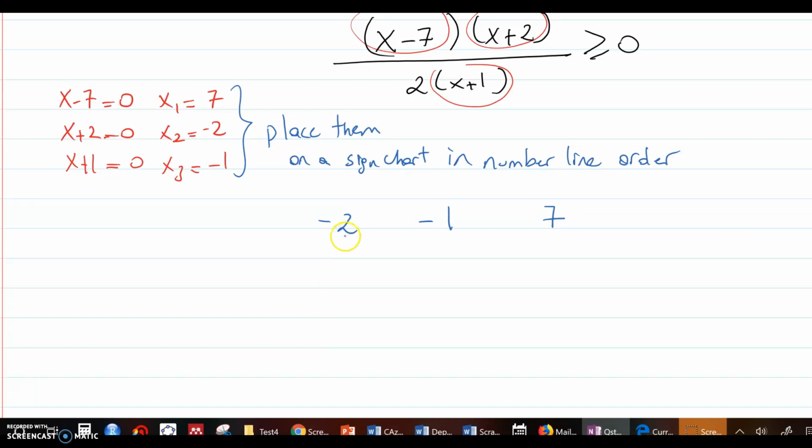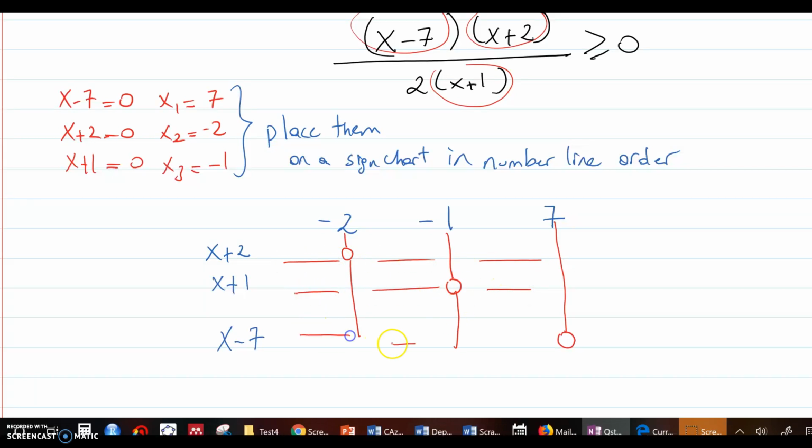So negative 2 is a root for x plus 2. Negative 1 is a root for x plus 1. And 7 is a root for x minus 7. The reason I put those holes or zeros is just a placeholder for me.